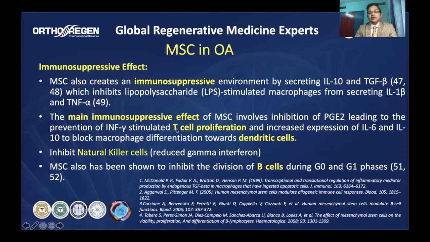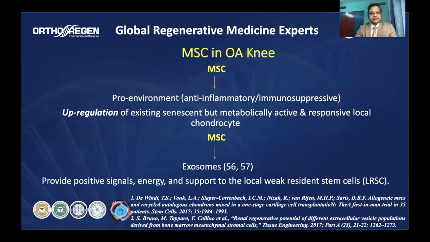They also inhibit T cell proliferation through prostaglandin E2, and inhibit the differentiation of macrophages towards dendritic cells. They inhibit natural killer cells. They also inhibit the division of B cells. So they are acting on all the components of adaptive immunity.